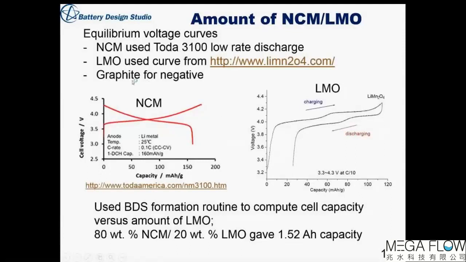For graphite, the voltage curve is well known, so we just took a graphite voltage curve. And then using these voltage curves, we adjusted the amount of LMO in the blend in order to get a good fit to the low current discharge curve. And the best fit we got was 80% NCM, 20% LMO. And that gave us a capacity very close to the manufacturer's specified value, and the voltage curve looked like a good fit.